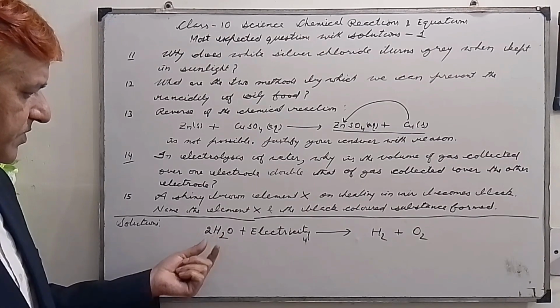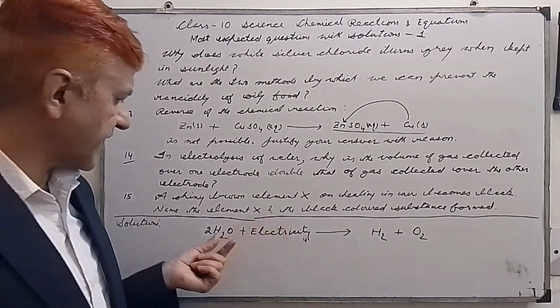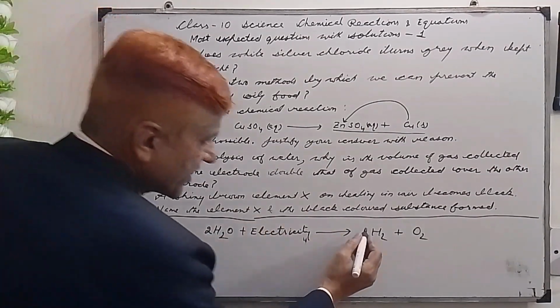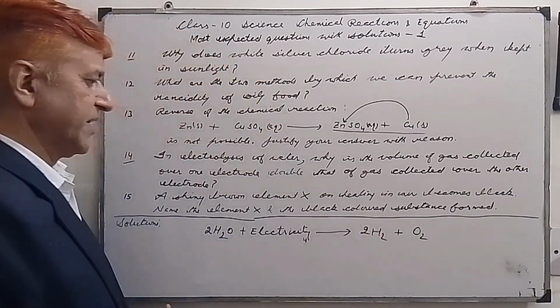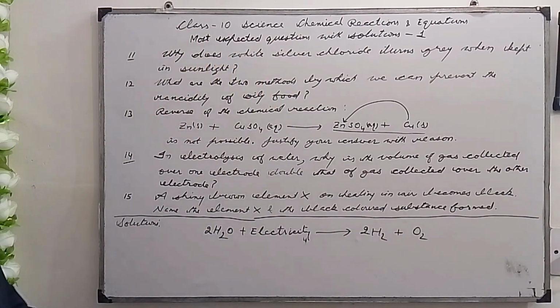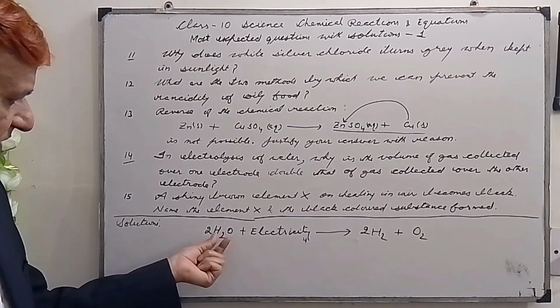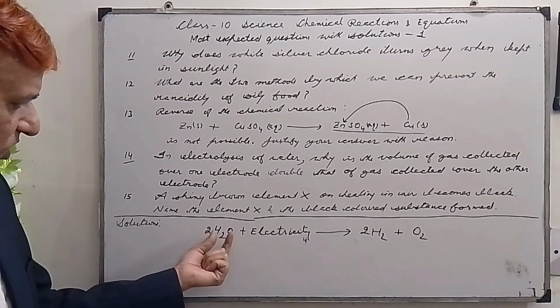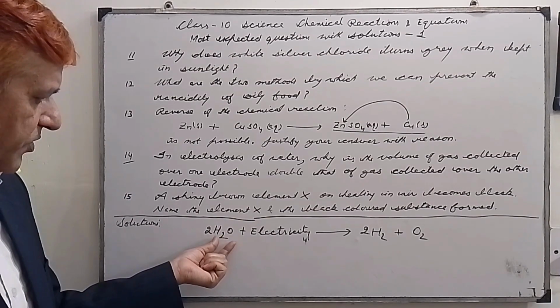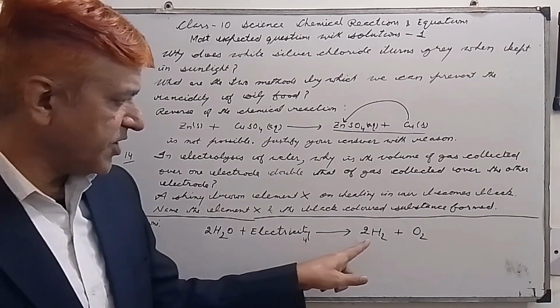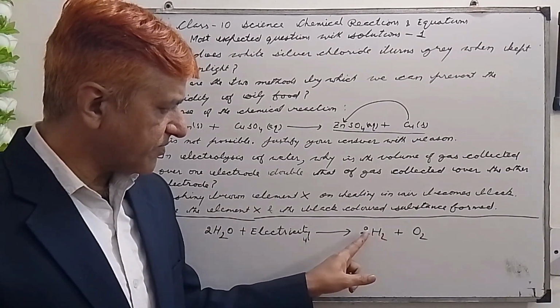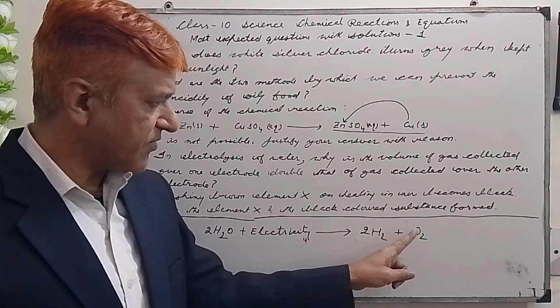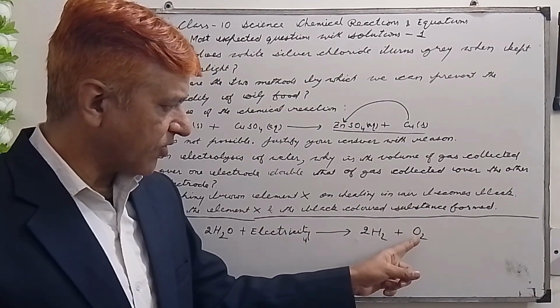Now hydrogen: here there are 4 atoms of hydrogen, here 2, so we multiply this by 2. During electrolysis, water decomposes into 2 molecules of hydrogen gas and 1 molecule of oxygen gas.